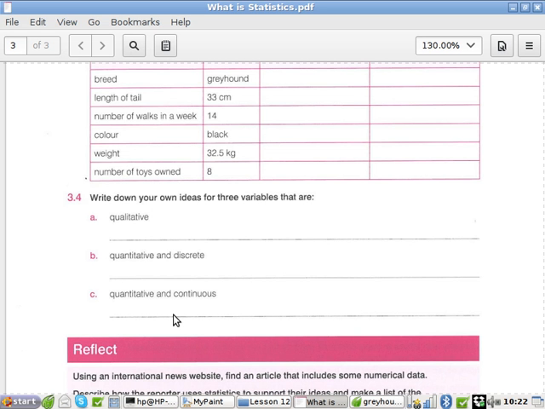Medina, finished? Not yet, okay. You're helping him? How many, Medina, how many have you done? 2. And Starry? 1, okay.